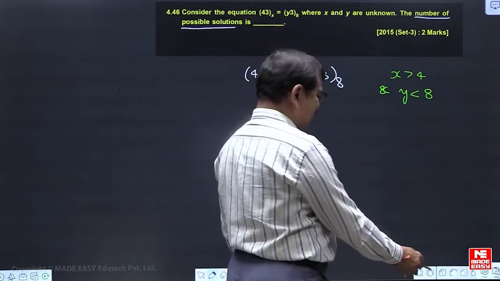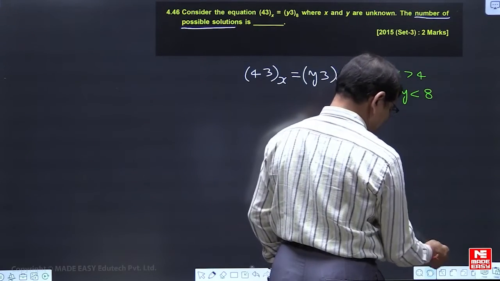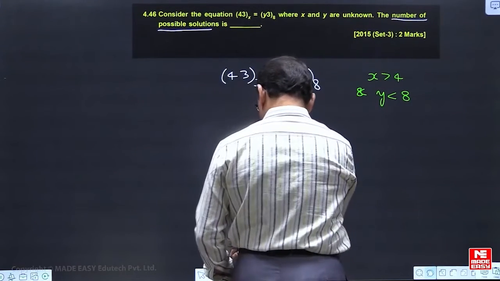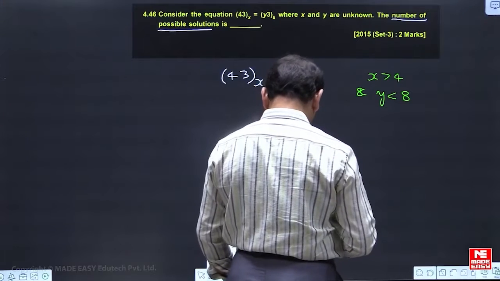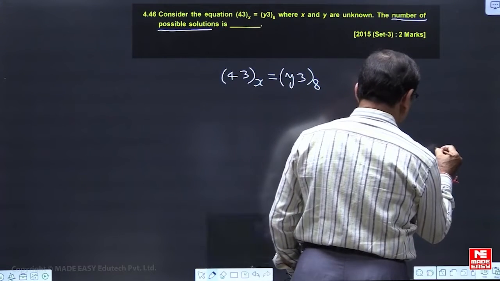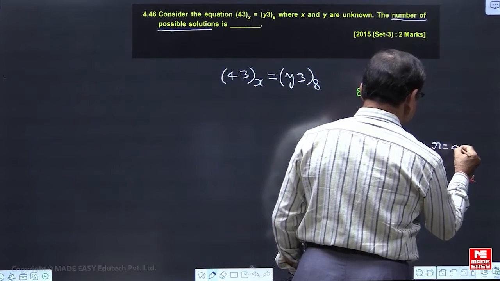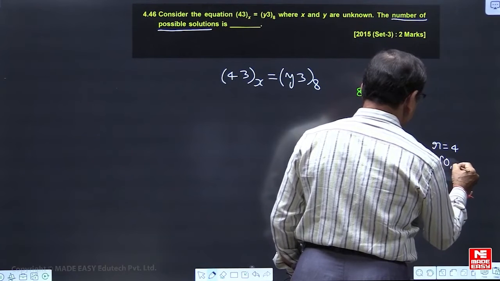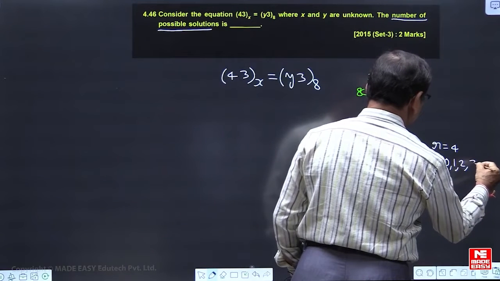If we have a number system with a base of, say, 4, what digits will you get? 0, 1, 2 and 3.